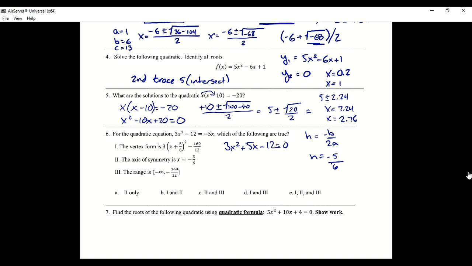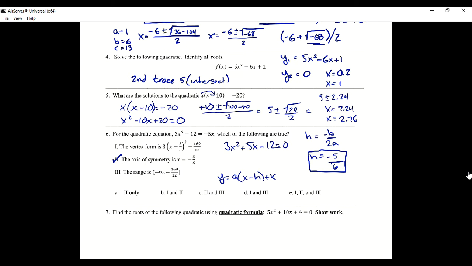Remembering our form is y equals a times x minus h squared plus k. So if we look right here, this is telling us h is negative 5/6, which means our axis of symmetry is indeed x equals negative 5/6.